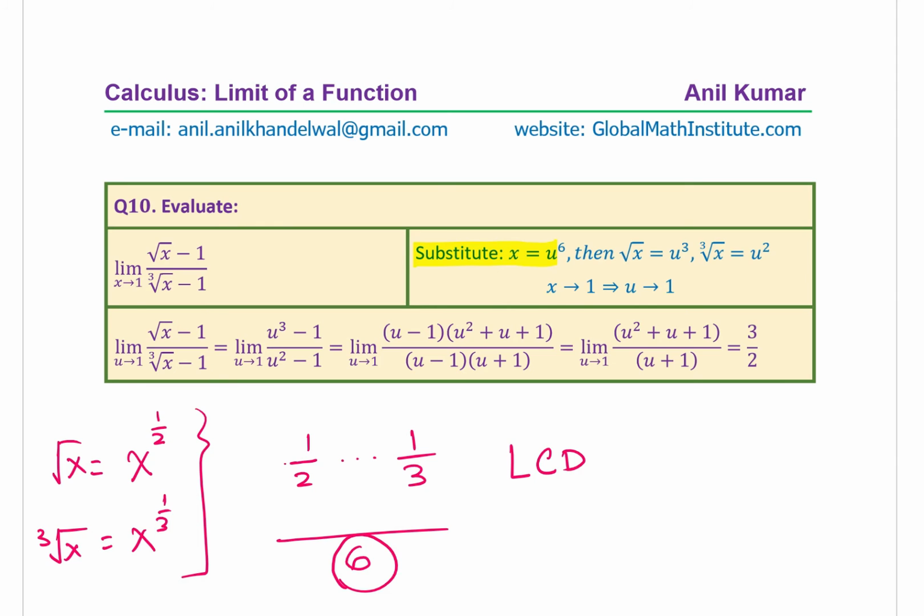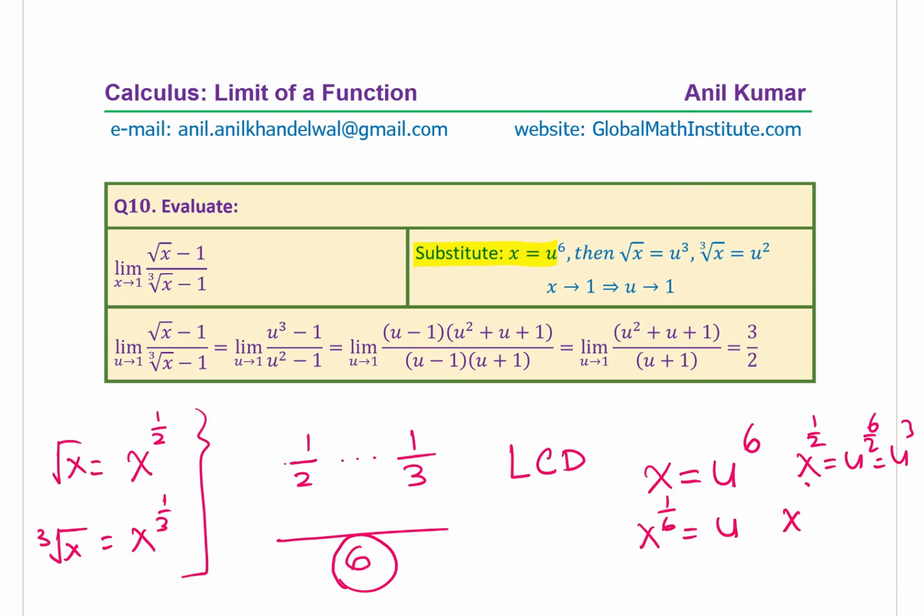And therefore, we have a substitution which is x equals u to the power of 6. Do you see that? Or x to the power of 1 over 6 is u. That is the substitution which I have done. Perfect. So if x equals u to the power of 6, then x to the power of half will be u to the power of 6 by 2, which is u cubed, right?